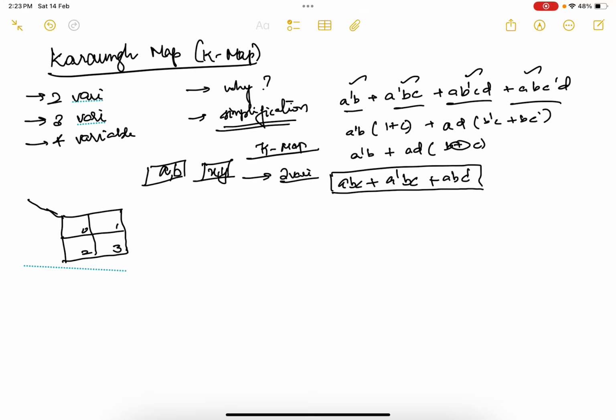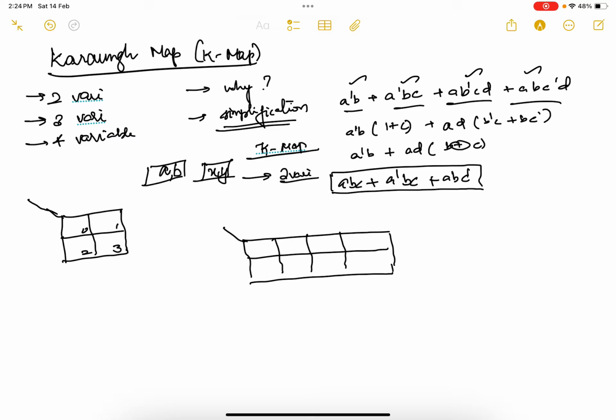If your expression contains three variables, then we go for a 2 cross 4 matrix structure, where we will number the cells 0 1 3 2 4 5 7 6. So there will be a total of 8 cells available.